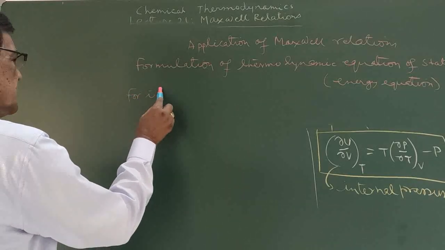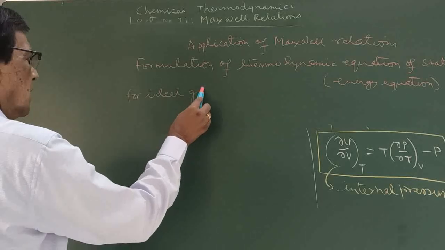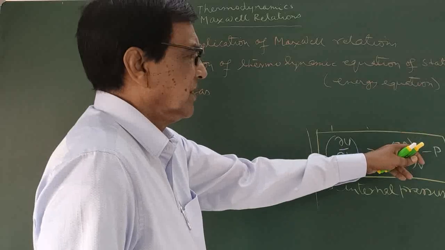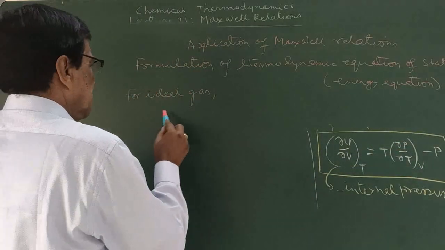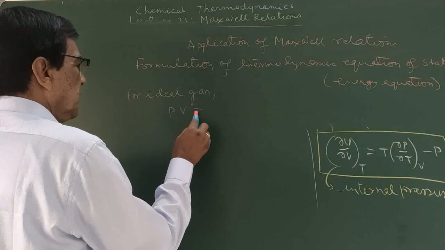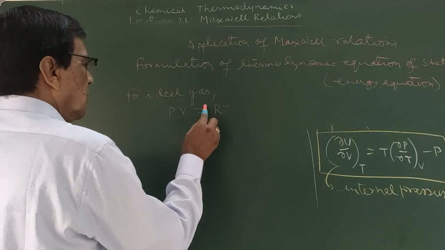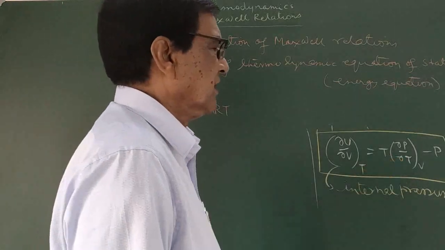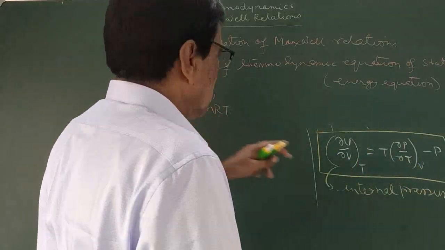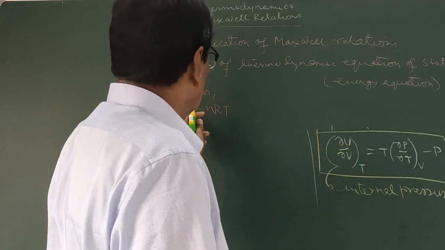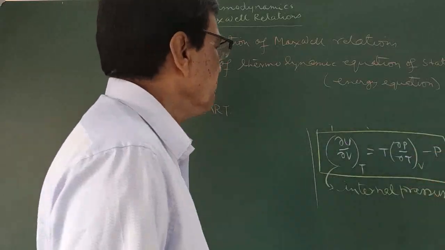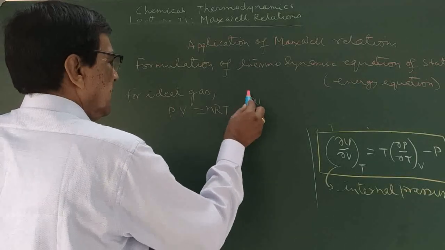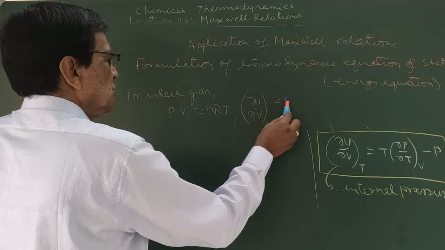For an ideal gas, PV equals RT, or nRT for n moles of this gas. If we do the calculations, differentiating pressure with respect to temperature at constant volume and minus P, then you can see del U divided by del V at constant temperature equals 0.